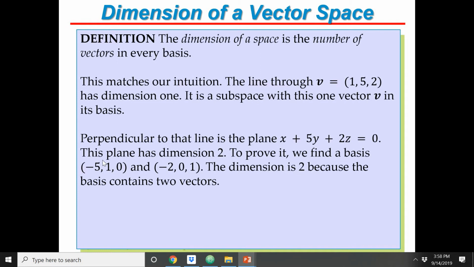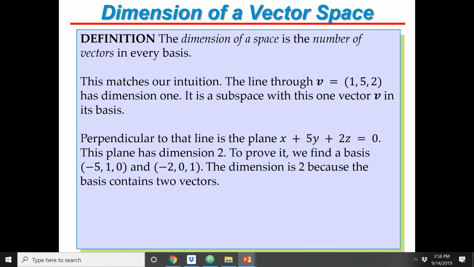You can show that it consists of linear combinations of these vectors from the null space: the vector minus 5, 1, 0, and the vector minus 2, 0, 1. So you have two free vectors, and the dimension is 2.